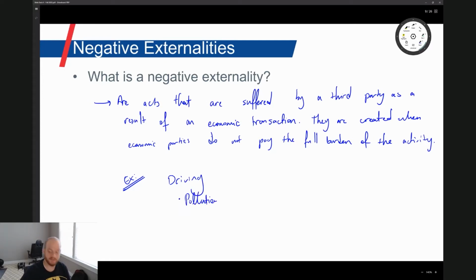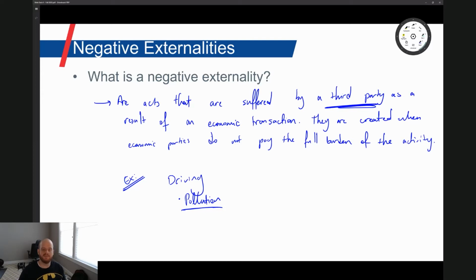Automobiles create pollution, and this pollution affects third parties that aren't really a part of that economic transaction. The driving transaction occurs between the driver of the car and car manufacturers, gasoline producers, and so on and so forth. But this pollution is a negative externality which affects third parties, right?